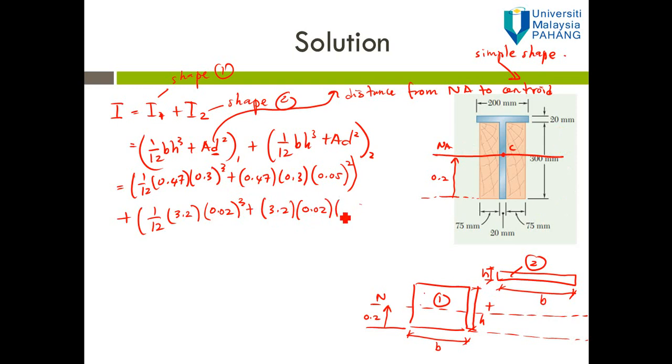D. What is the D? Let's say this is the centroid for shape 2, and this is the D2. So what is the D2? D2 equals from here to here. Okay, draw.